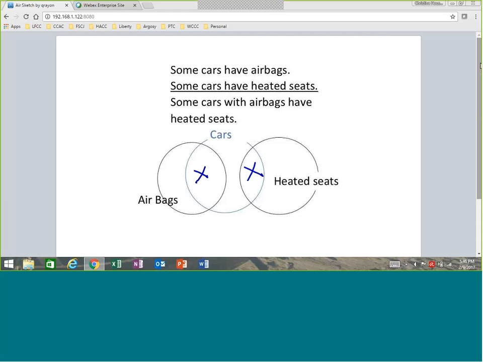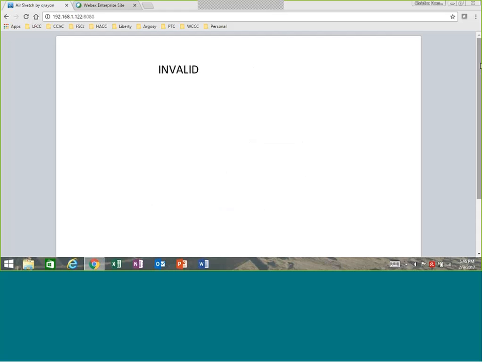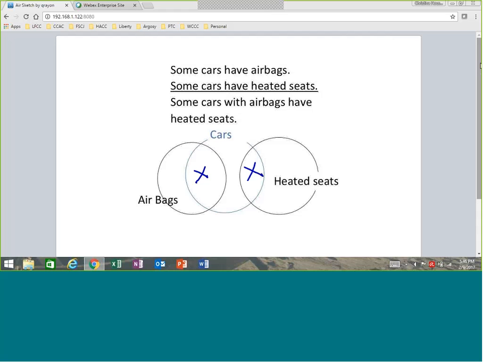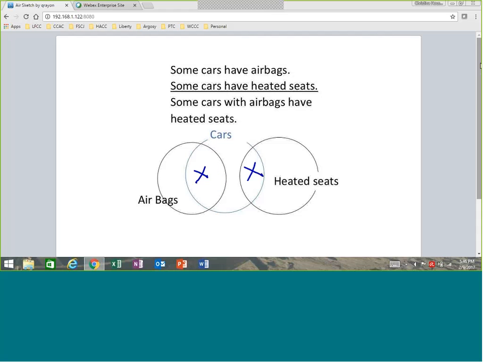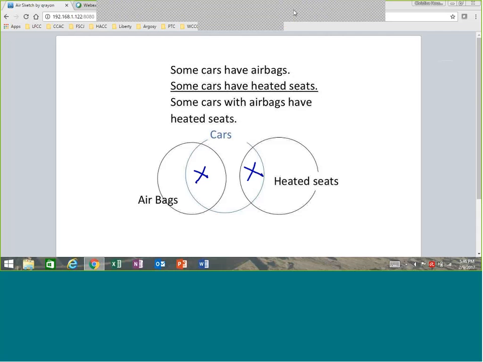So because of this particular diagram, remember it just takes one that would contradict it, that would be invalid. Okay? I know this right here makes it invalid. This is fine. We don't have a contradiction with this one, but the premise statements could also be drawn this way. And if they're drawn this way, there's a contradiction with the conclusion. Okay. So again, it's real important that you draw all the different possible situations.